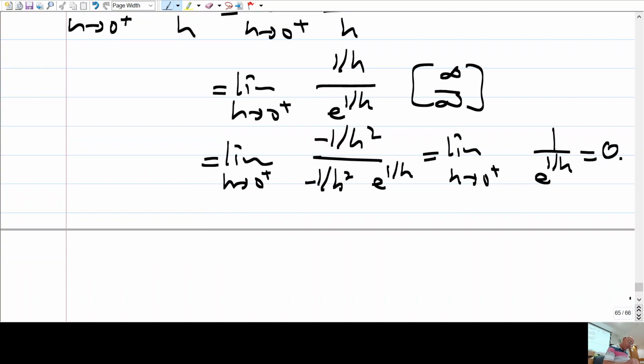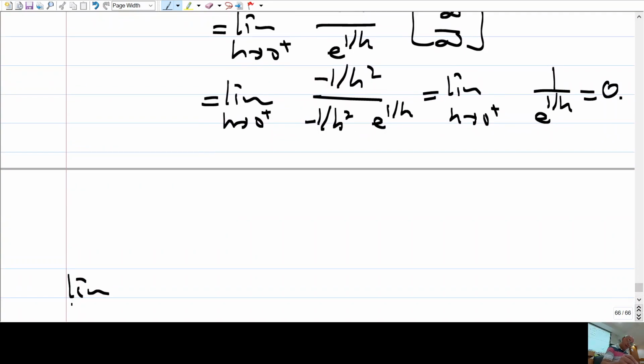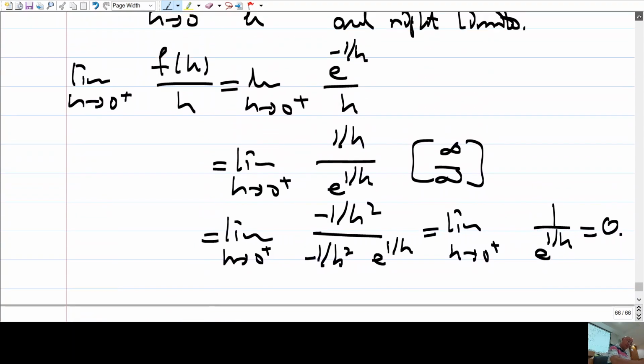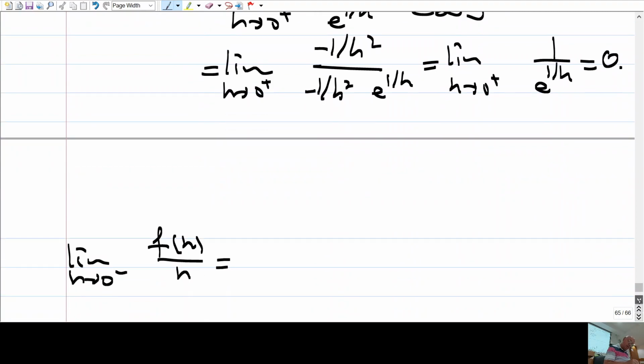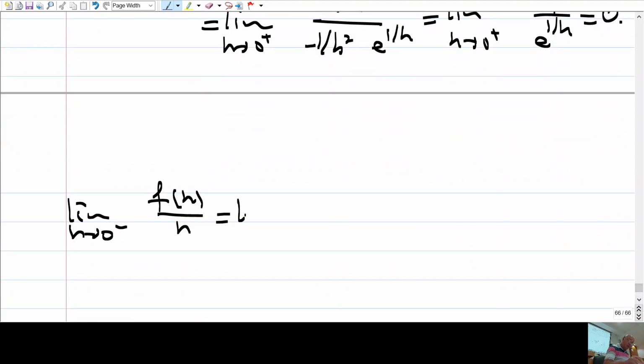What about the left limit? Limit as h goes to 0 from left of f of h over h. Well, this is easy. As h goes to 0 from left, f of h is just 0. So this is 0 over h. But as h goes to 0, h is never 0. It is getting closer and closer to 0, but it is never 0.